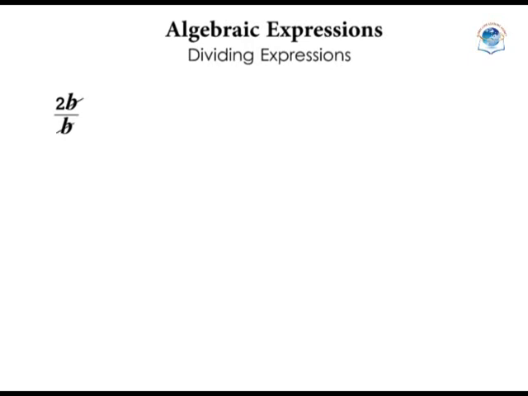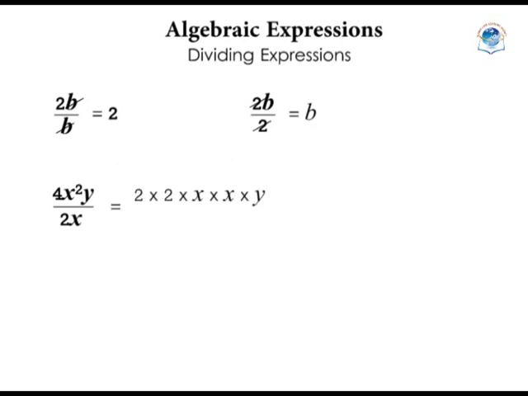And so the answer is 2. 2b over 2 means that 2 will cancel out and we remain with b. 4x squared y over 2x, this is equal to 2 times 2 times x times x times y over 2 times x. 2 cancels out, x will cancel out with x, and we remain with 2xy.